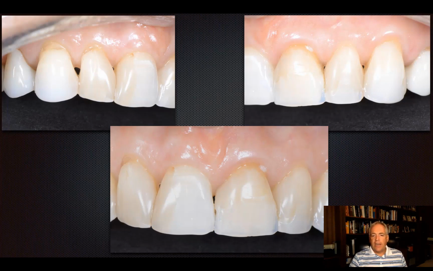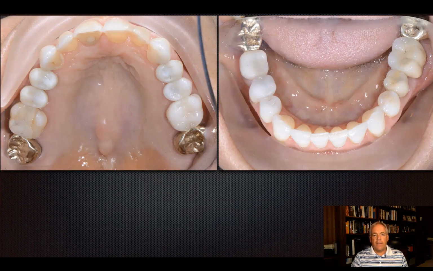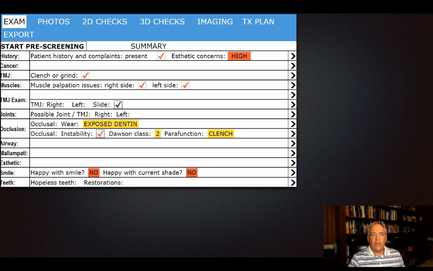And this is, again, a case we'll be looking at in our 5th session to show you how we'll go through this protocol of creating something that will be beautiful but will also last a long time. We use some software to be able to indicate some of the things that we see, and while she has high aesthetic concerns, she also has a history of clenching and grinding.